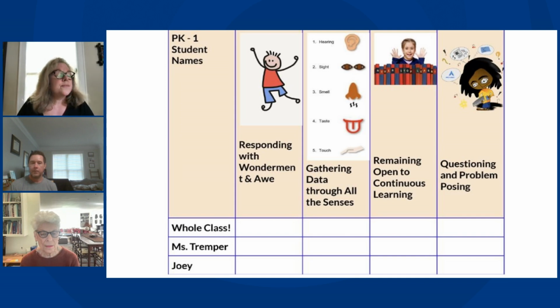And they can do noticing of other people who are practicing a habit. So I noticed that Joey is remaining open to continuous learning when he keeps trying at this activity. So it's not only a reflection for themselves, but a reflection for themselves as a group, and for themselves and each other. And that builds not only learning, but community.